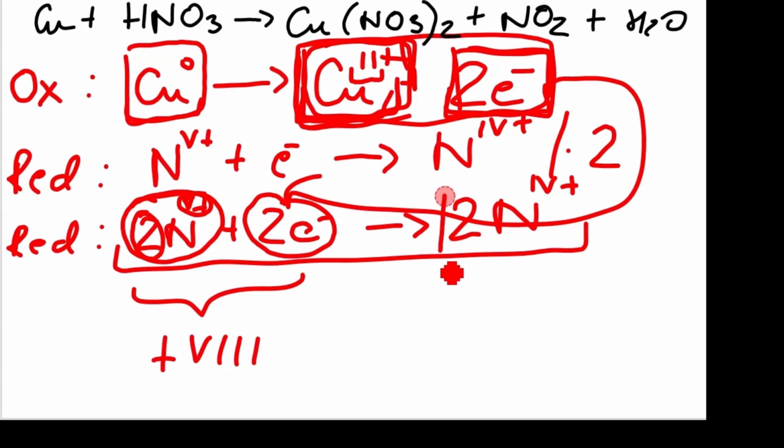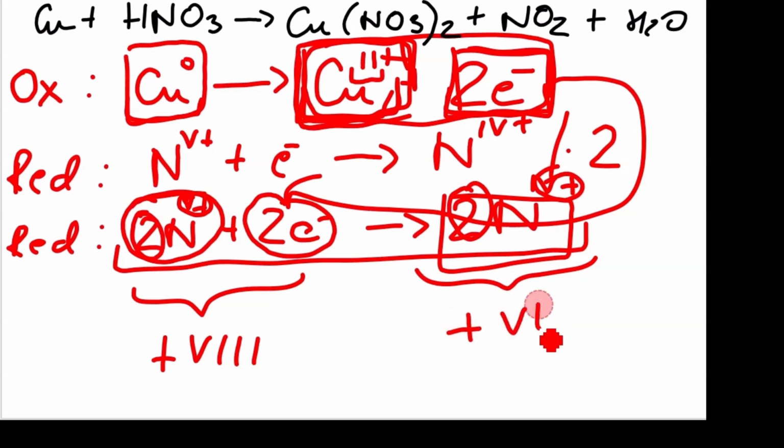Here on the right side we have two nitrogen atoms with the oxidation state +4. 2 times +4 gives us +8. So it is correct now.